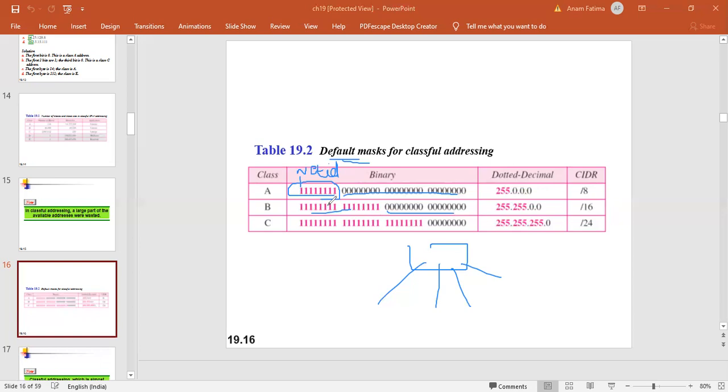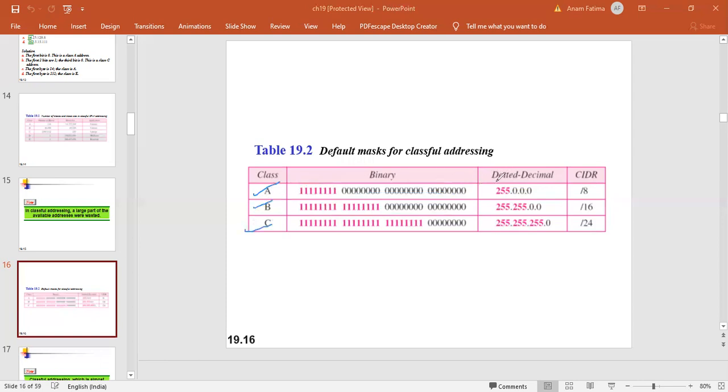This is only going to give us an introduction to how the concept of classless addressing came in. This mask notation is also known as your CIDR notation, which is your classless interdomain routing notation.